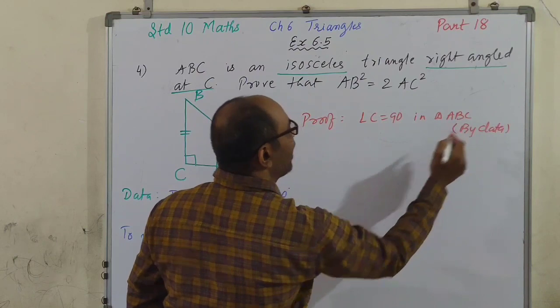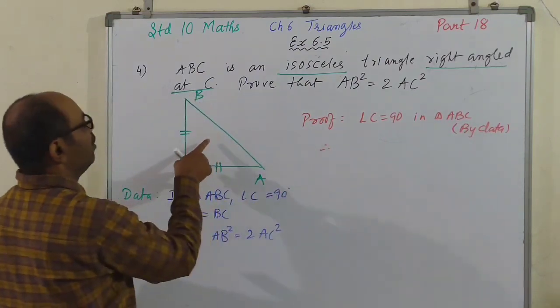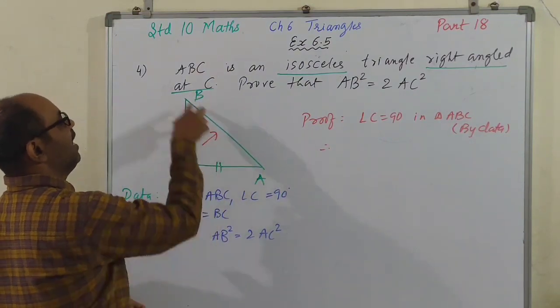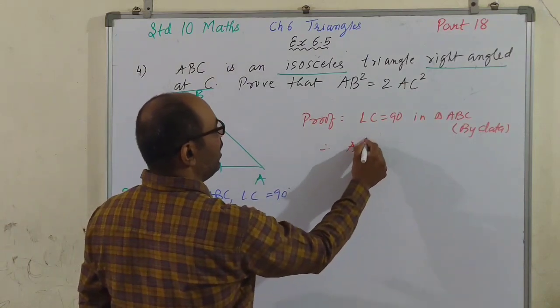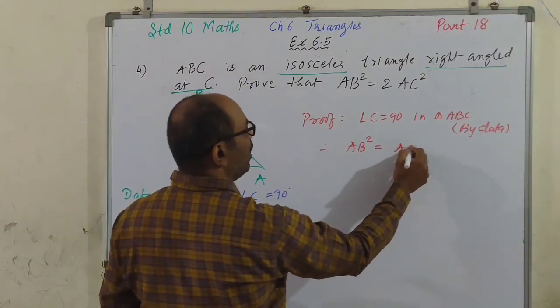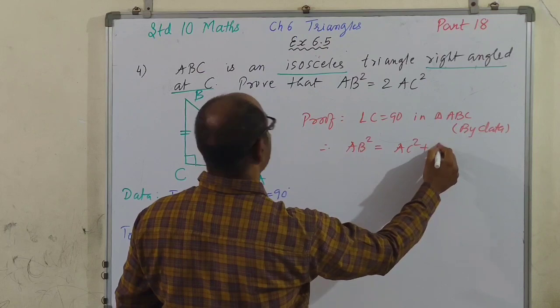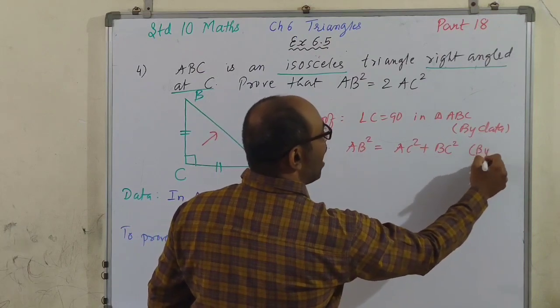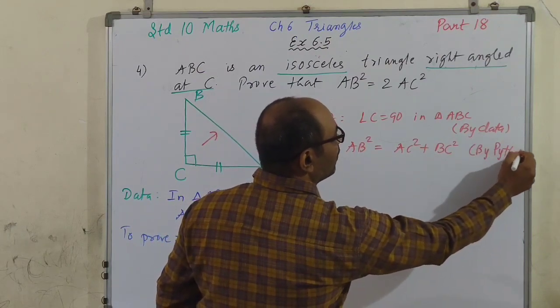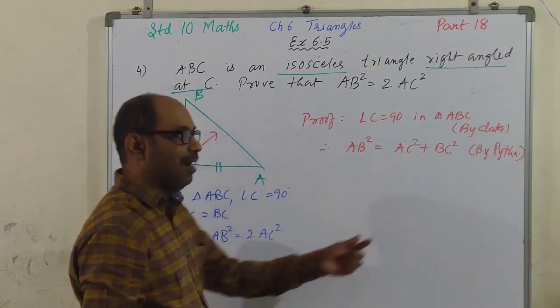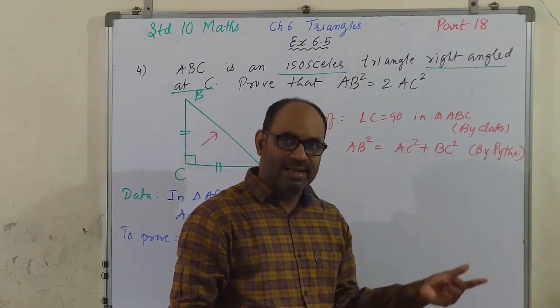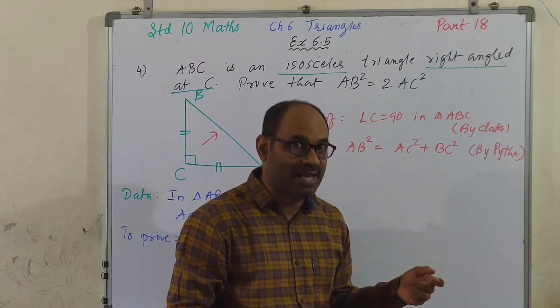You may write that in bracket, okay? Therefore, saamne wali side, you see that AB, it is AB square is equal to AC square plus BC square by Pythagoras theorem. You write in full, I am writing in brief. By Pythagoras theorem, or you can say theorem 6.7.